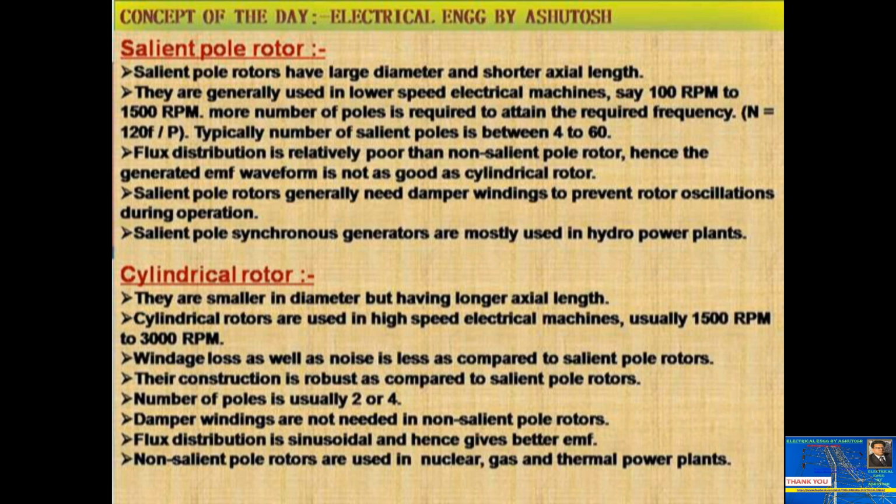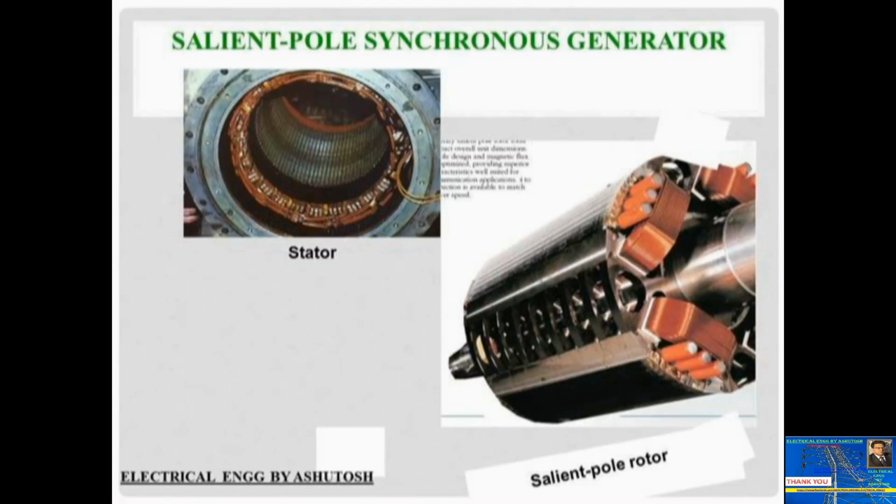You can see here, guys. The first difference: salient pole rotors have a large diameter and shorter axial length, but cylindrical rotors are smaller in diameter but have longer axial length. In this picture, this is the real picture of the stator of a synchronous machine.